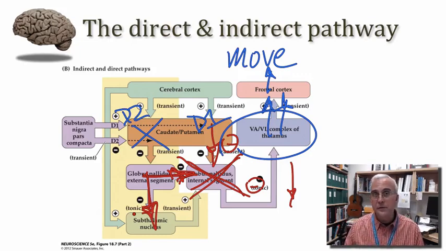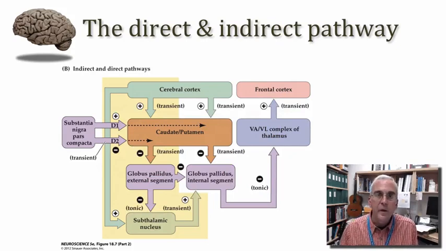And hopefully that gives you some insight into the problems that we would face if we didn't have enough dopamine to shift the balance and activity in favor of the direct pathway in the expression of movement.